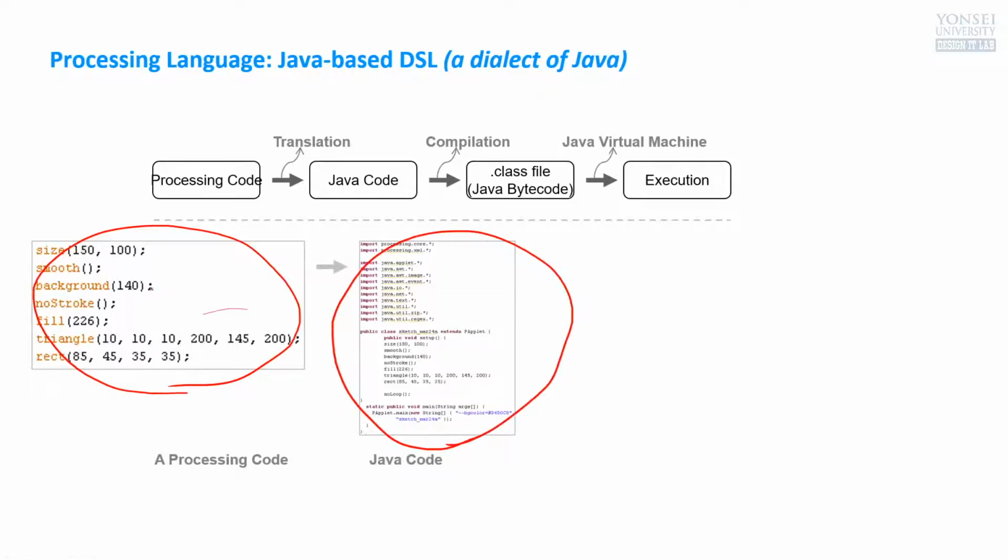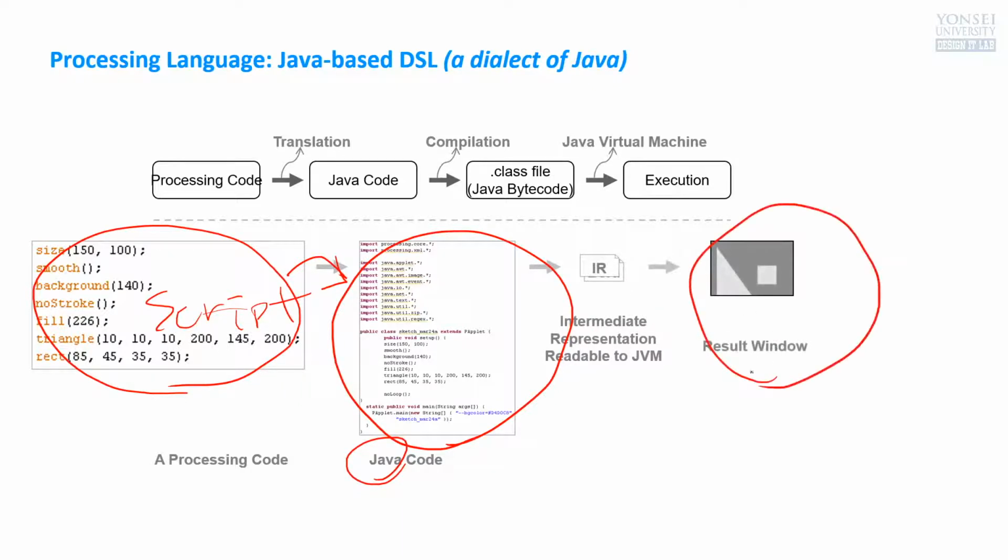So this script translation into Java is kind of long, but this is formal Java language, that's why. And this one can be compiled to the Java virtual machine, and the running result is here.